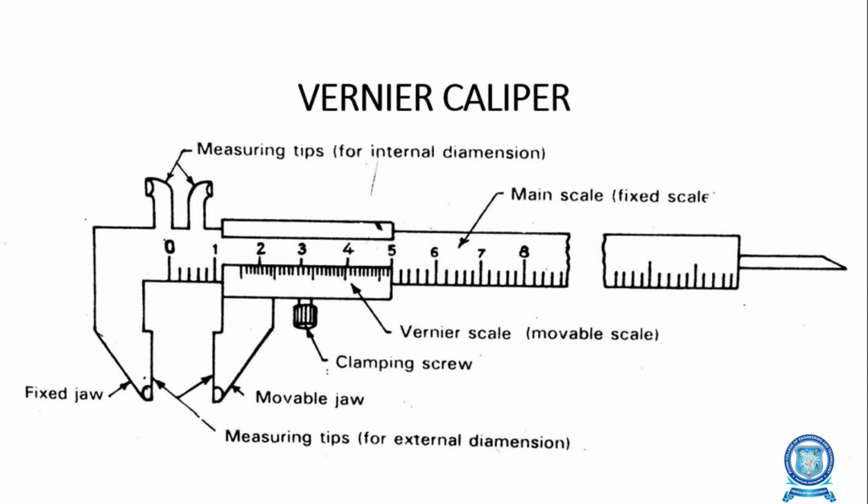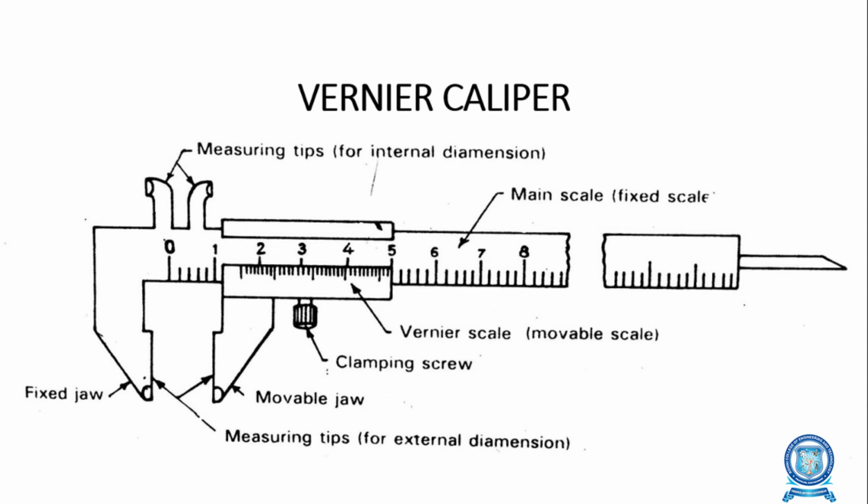The vernier caliper consists of three elements: the beam, the fixed jaw and the movable jaw. This movable jaw slides over the main scale according to the dimension of the specimen to be measured on the vernier caliper.